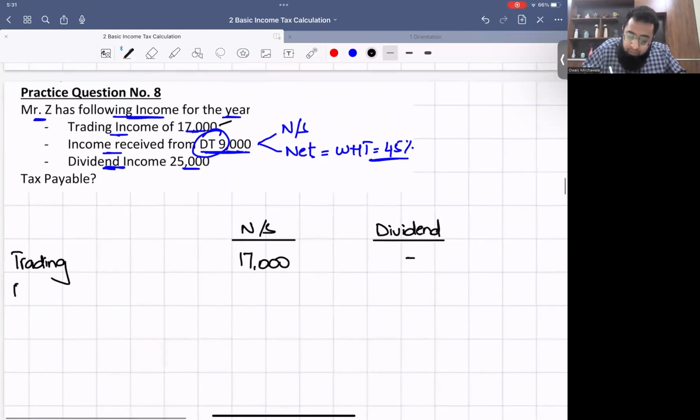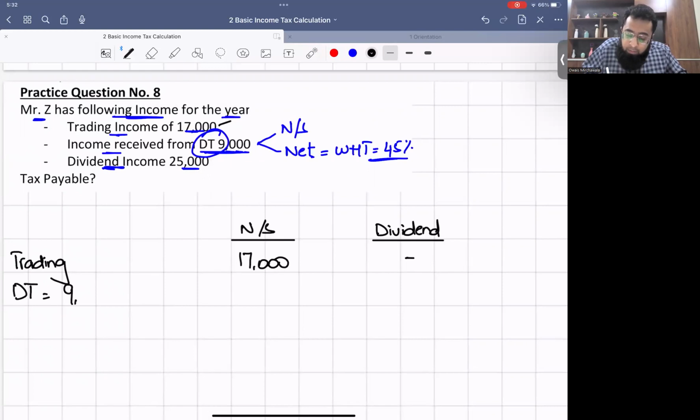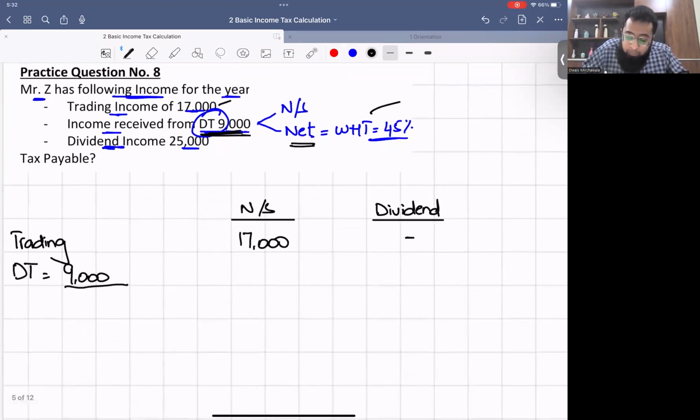Then we have discretionary trust, 9,000. The examiner is silent, nothing is written whether it is net or gross, so we assume that the amount is net and withholding tax, the advance tax, is already deducted at 45%. So we need to gross it up.